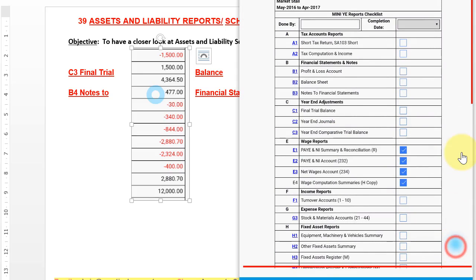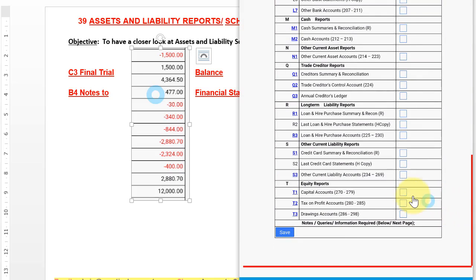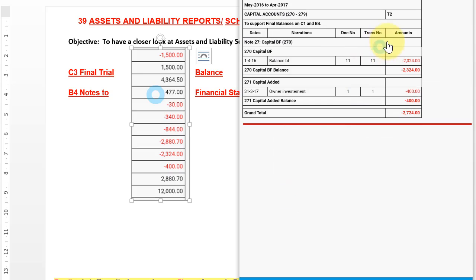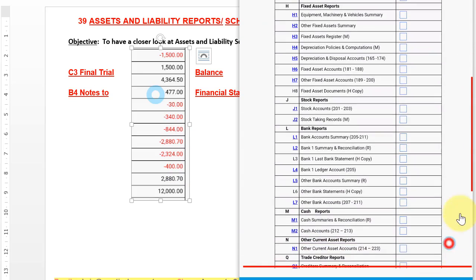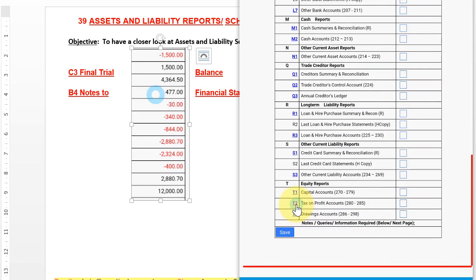Now we should be scrolling down to the capital accounts. We're looking at T1. We have a balance brought forward of 2324. And then we have capital added of 400 on account 275. Yes, and then let's make a final look. We'll look at the tax account.